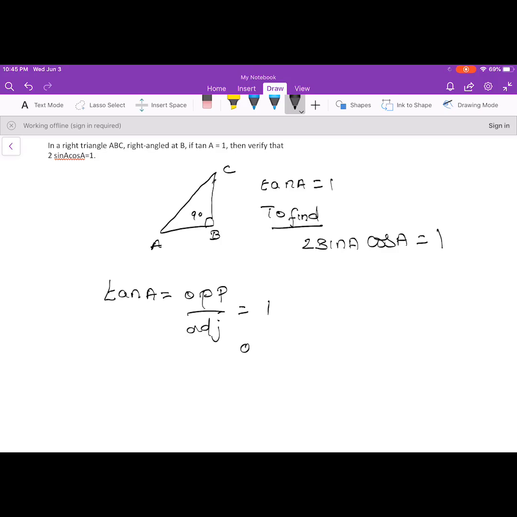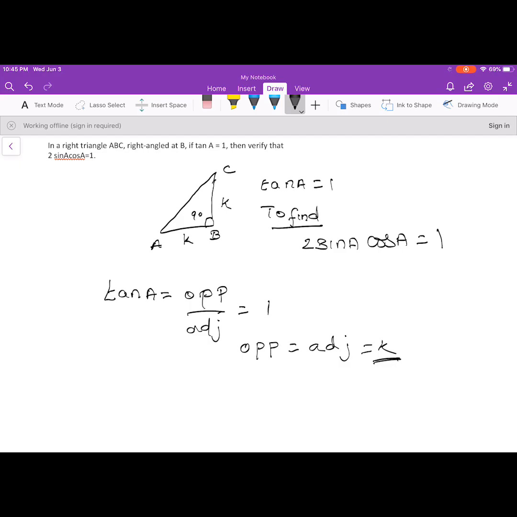From this we can conclude that opposite is equal to adjacent. So opposite AB is equal to adjacent AC. Let us take any value as K. We don't know any number, so we are taking it as K.